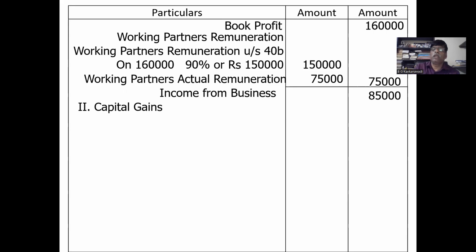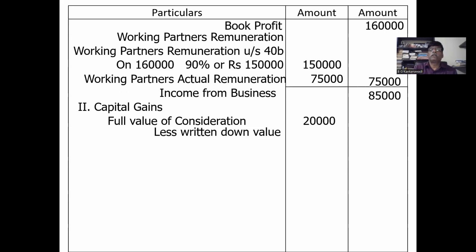In the capital gain, you take full value of consideration. Full value of consideration means sale value. Sale value is 20,000. Less written down value. Written down value of that asset is 25,000. If you deduct 25,000, your answer is minus 5,000.